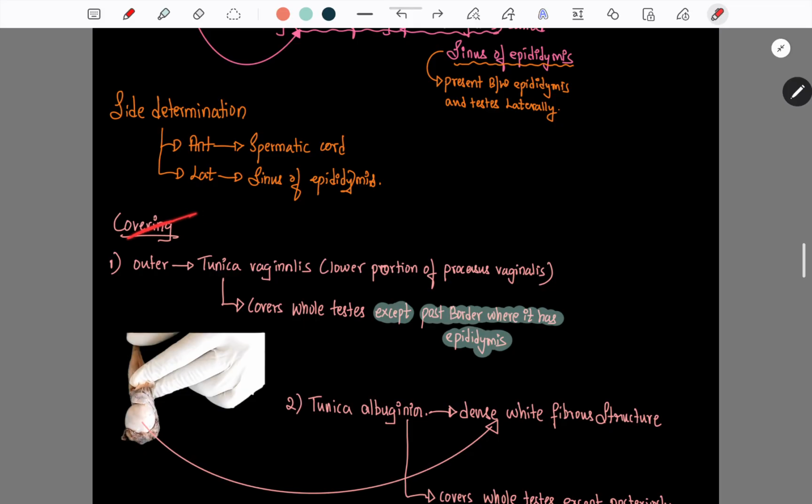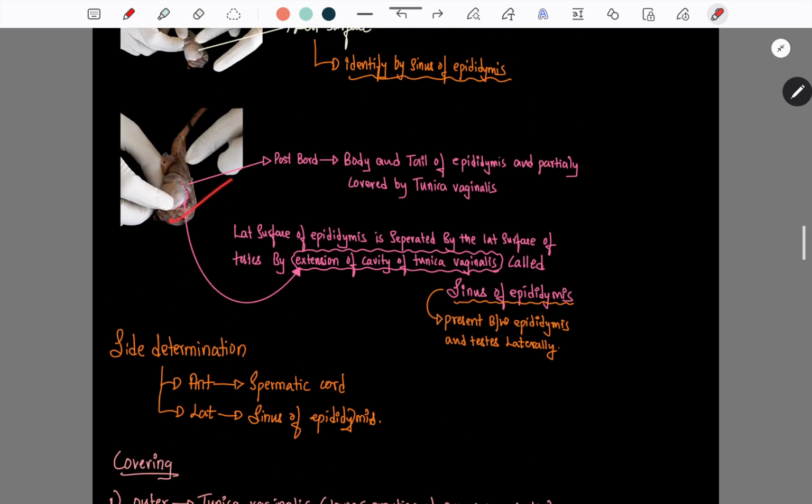Coverings of the testis. The outer covering is tunica vaginalis, the lower portion of the processus vaginalis. It covers the entire testis except the posterior border where we have the epididymis, as we saw here.